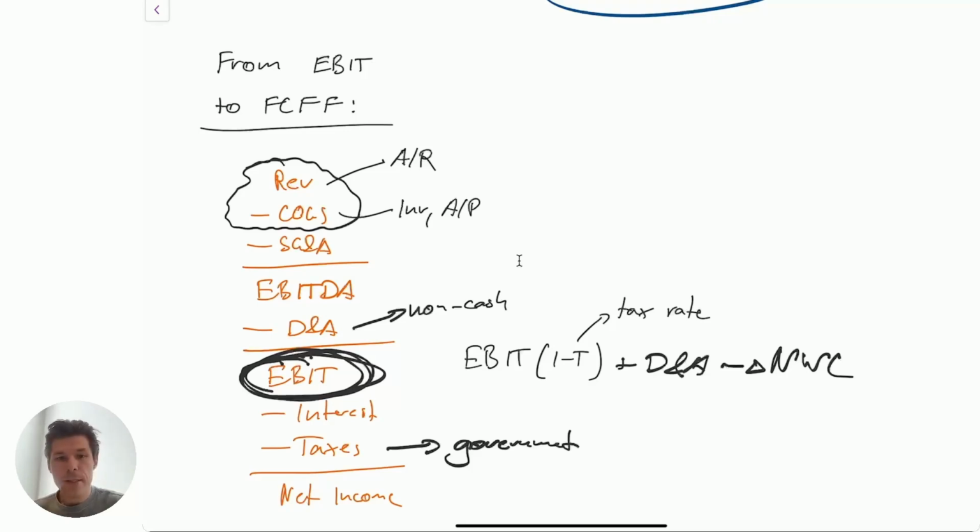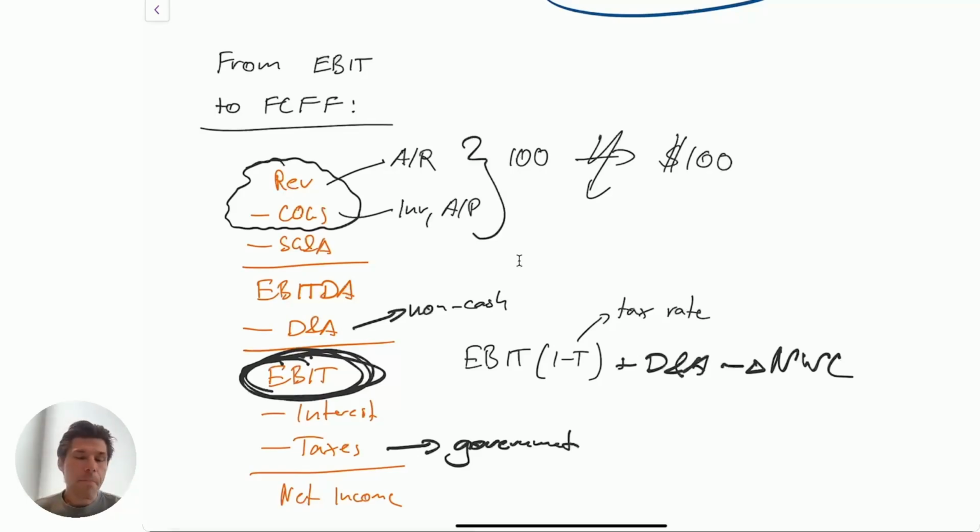They have been recognized under the income statement, but if you have received 100 in revenue from your customer, it does not mean that you actually have 100 in cash in your bank, because you may receive the money later. Same applies for cost of goods sold, inventory and accounts payables, because you may pay your suppliers later. So you do those net working capital adjustments to clean up those items.